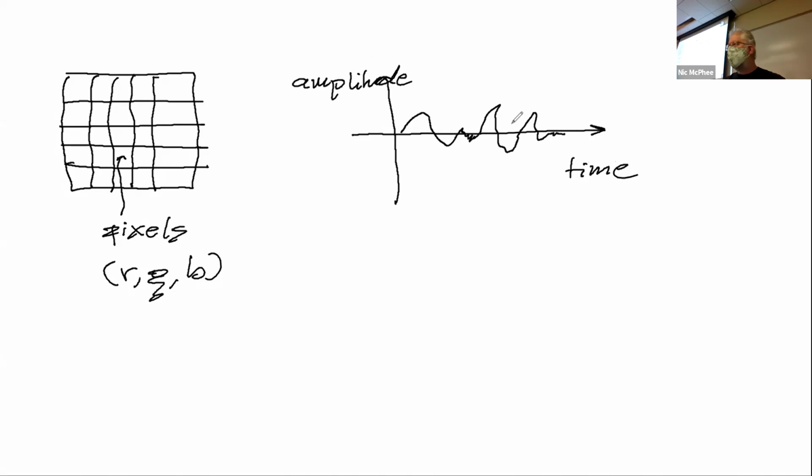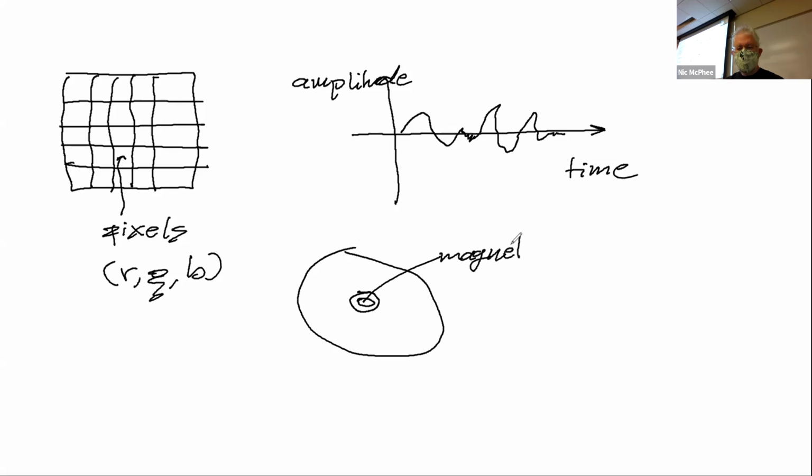And one way to think about this as a real life experience is speakers, especially big speakers. The big speaker would be more circular than that, but details. So they usually have a magnet here. And that magnet moves back and forth, which causes the cone, the larger round area, to move back and forth.